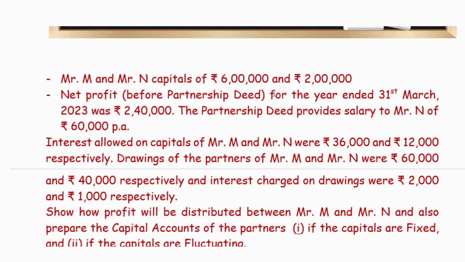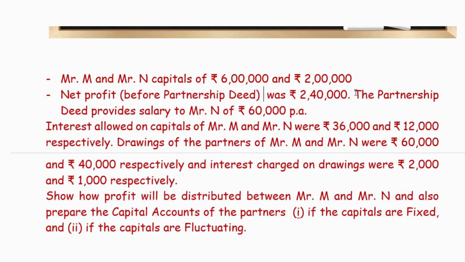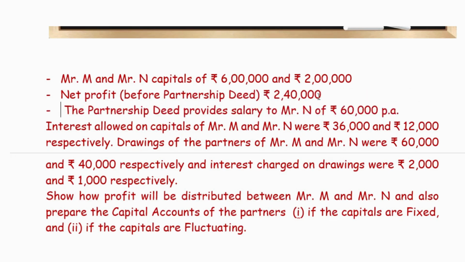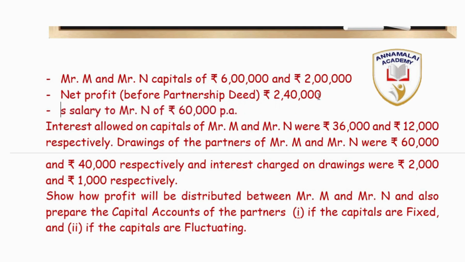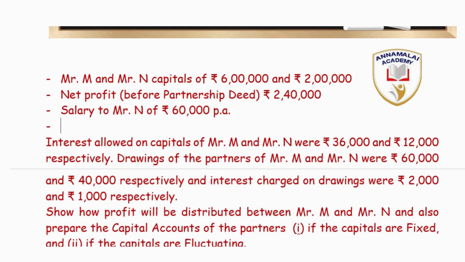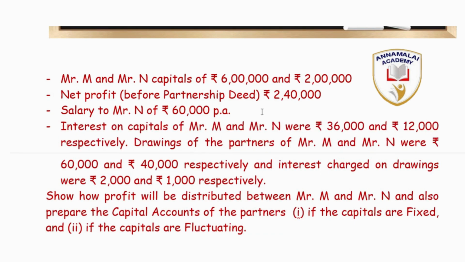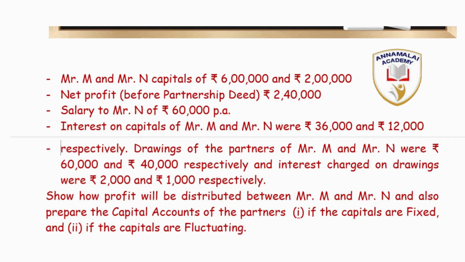2,40,000. Net profit before all these adjustments was rupees 2,40,000, and the salary for one partner is given as 60,000 per annum. Again the interest on capitals is given in amount. We need not calculate a percentage as we did in the previous question.